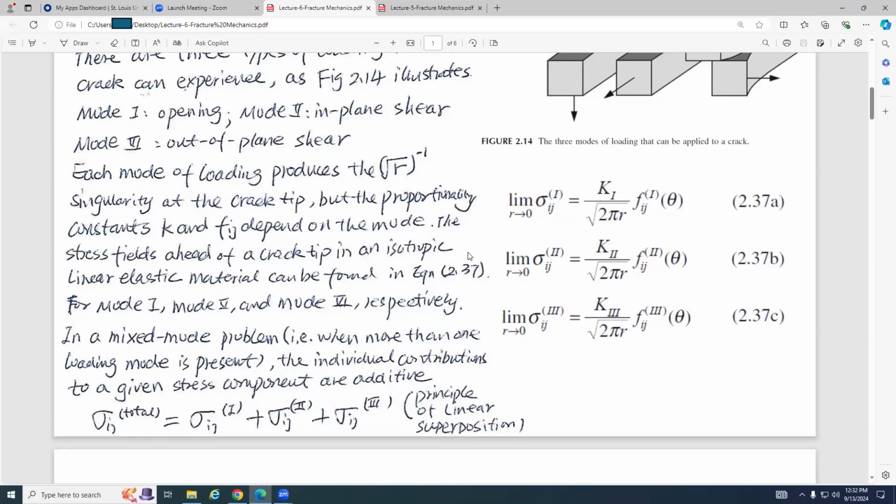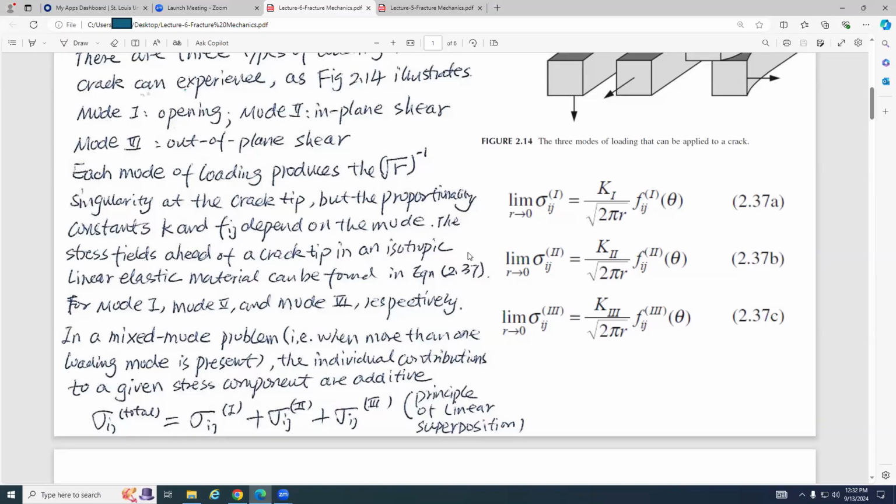Additive means we can use the principle of superposition. Based on this mode, you calculate one set of the solution. Based on that mode, you calculate another set. Then when these two are applied together, you just add the solutions together. This is called the principle of superposition.